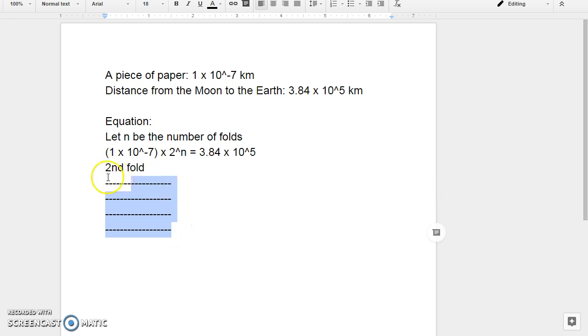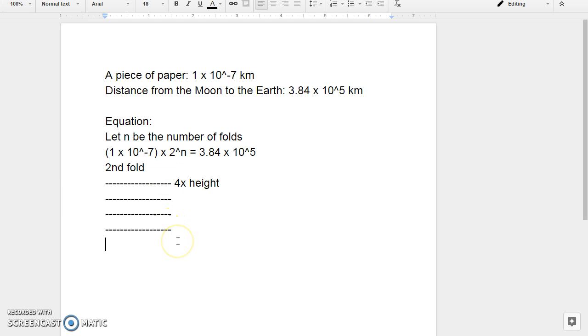So the height is 4 times the height just after 2 folds. The first fold is 2 times the height, but the second fold is 4 times the height.